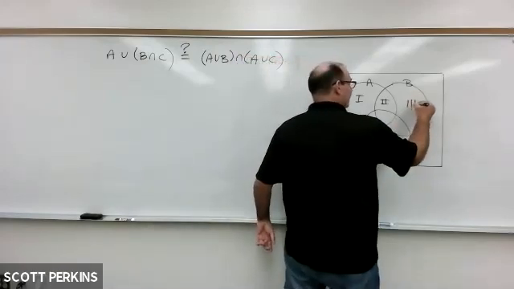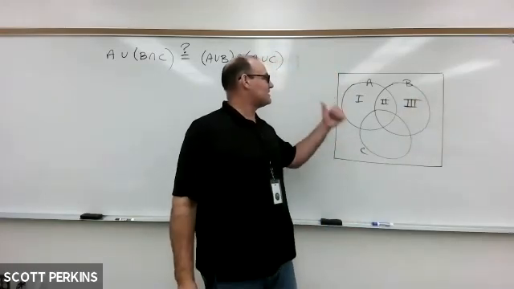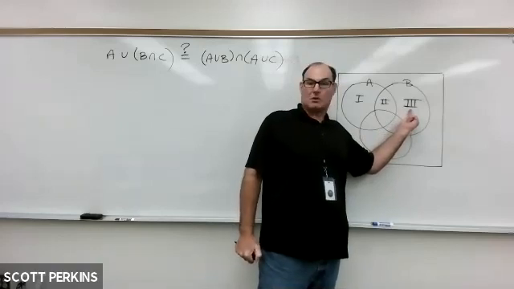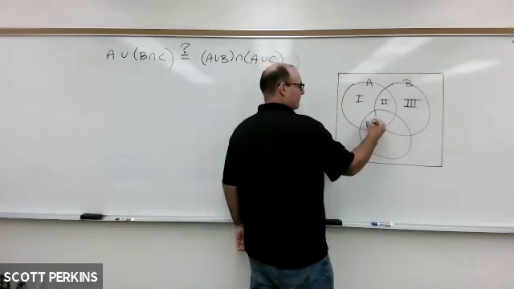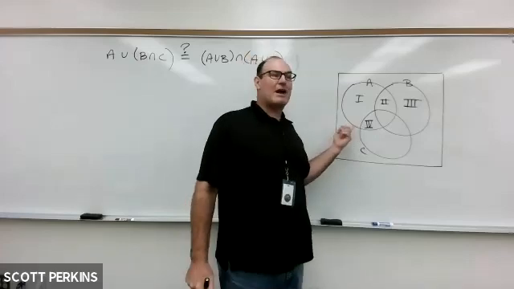Region 3. You probably catch on to that one easily because it's similar to 1. How would you describe region 3? It's only B. Yep. Region 4. How would I describe region 4?